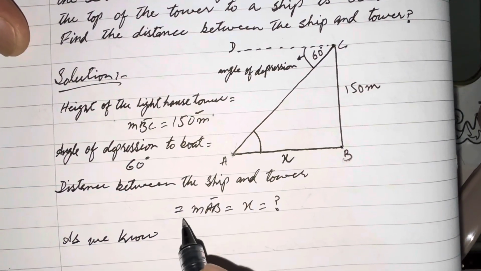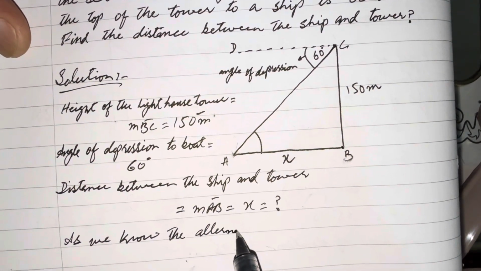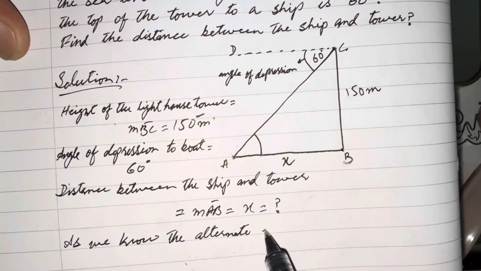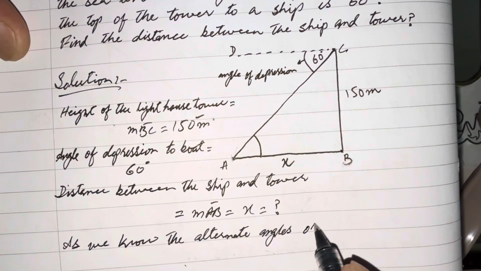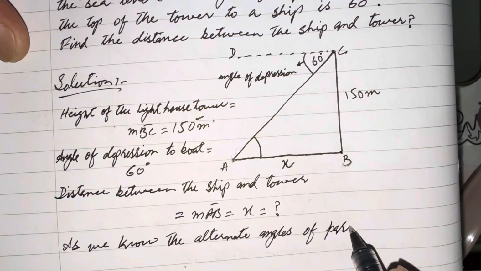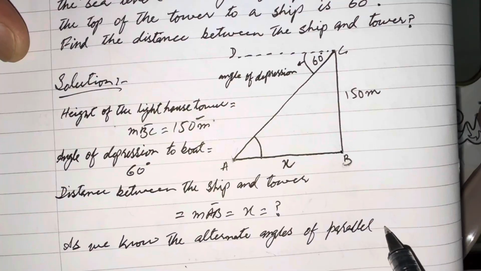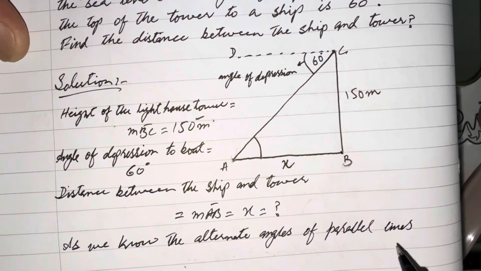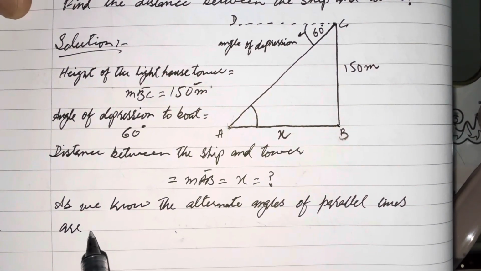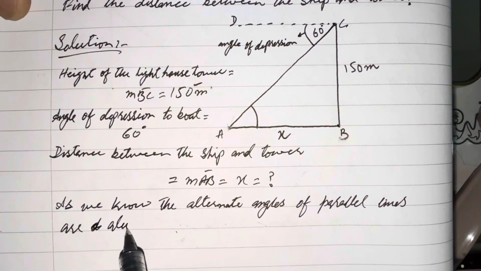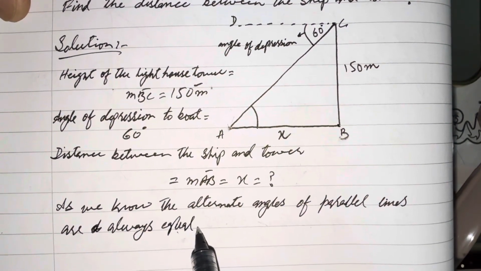As we know, alternate angles of parallel lines are always equal.